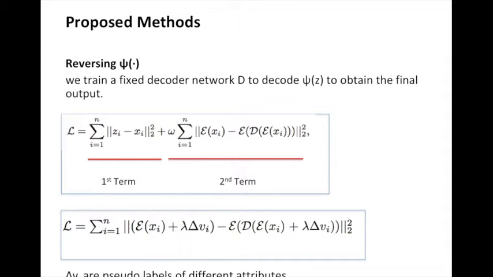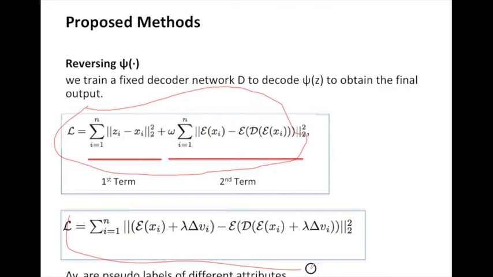We use the following loss function to train D. So this is the loss function that we use to train D. And we also observe that pre-training of the decoder with this formula.